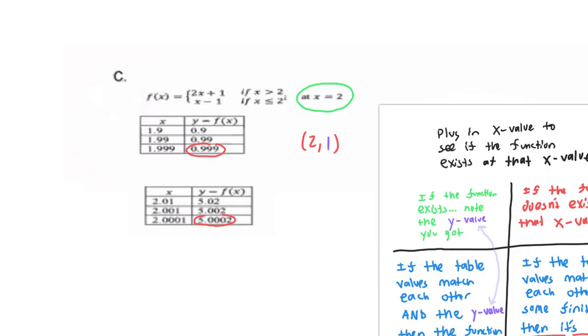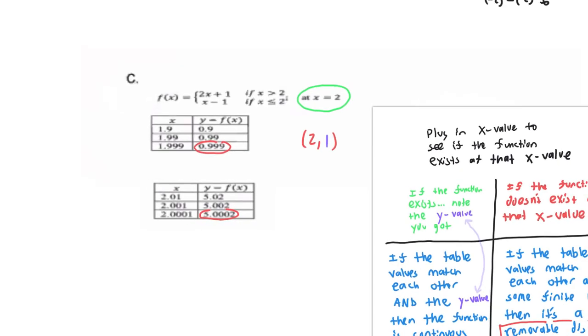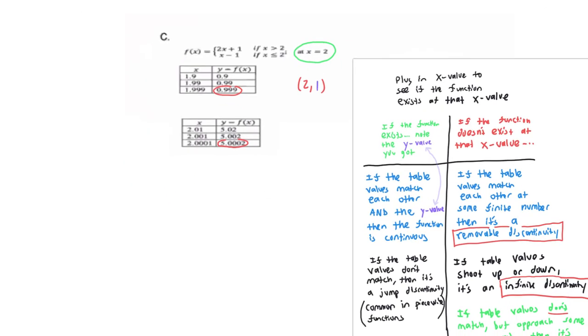Okay, so now we go through the motions to see what's going on, because of course we are in this column. So if the table values match each other, okay, let's pause there. We already discovered they do not match each other. This one's going to about 1. This y value is approximately 1, and this y value is approximately 5, right?